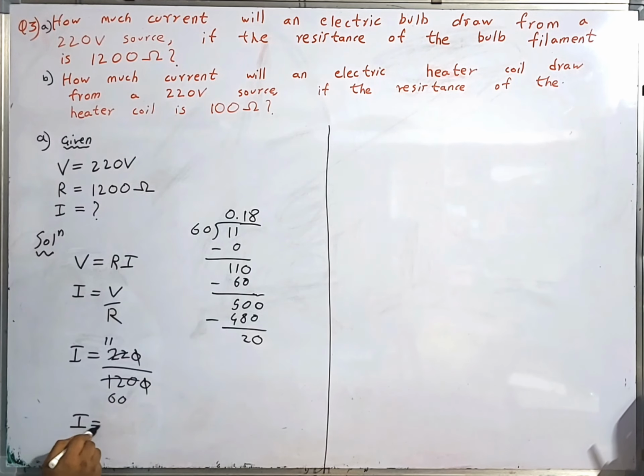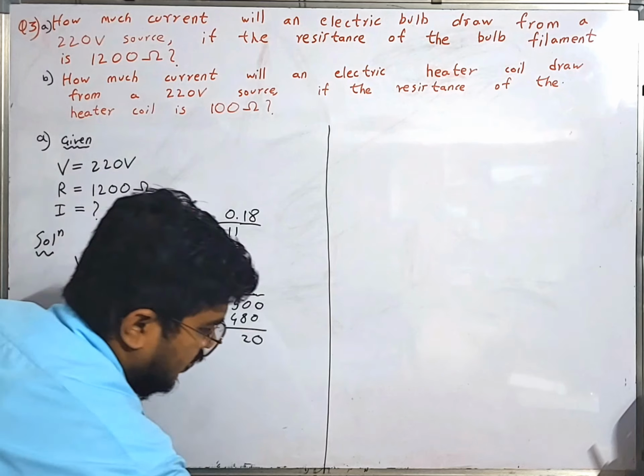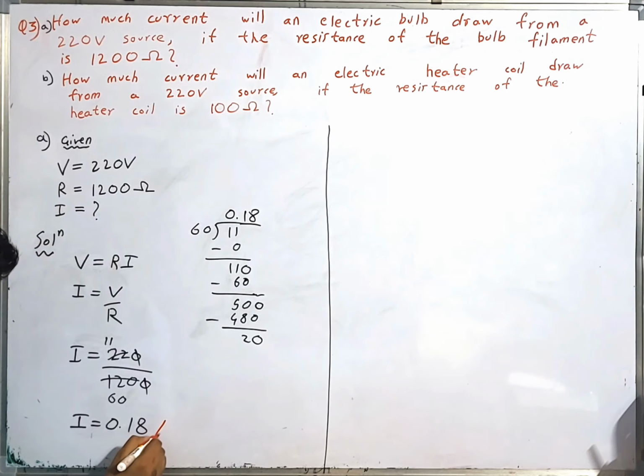So I is equal to 0.18. Now current is measured in what? Current is measured in amperes.